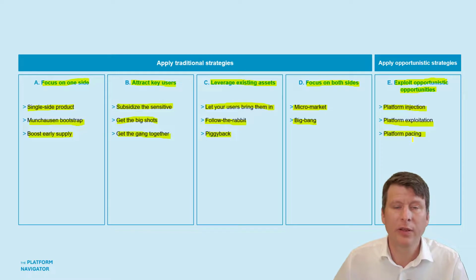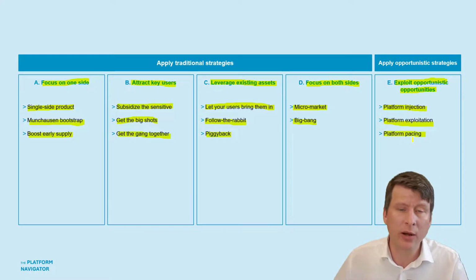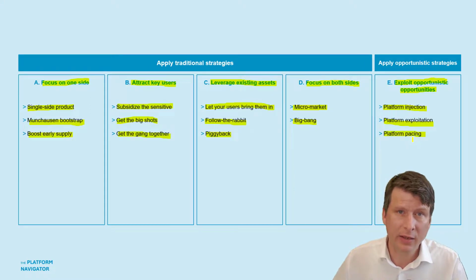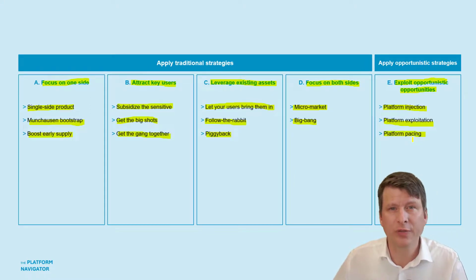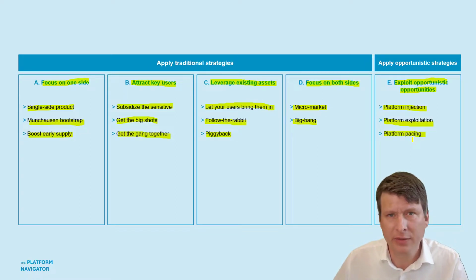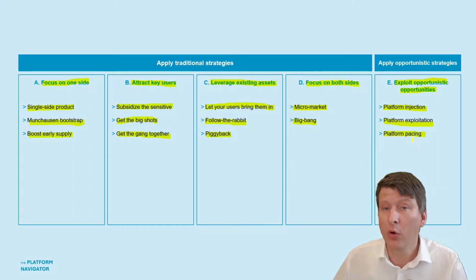Last but not least, we are talking platform pacing. Platform pacing is comparable to platform exploitation. Once again, think about open source software. There are a lot of open source databases, and one of the most successful of them was MongoDB.